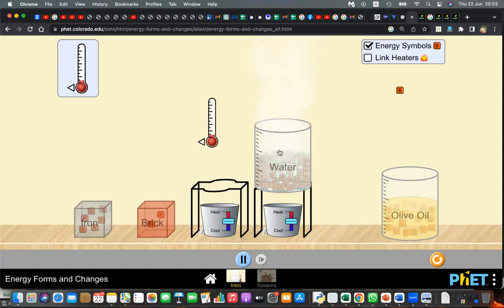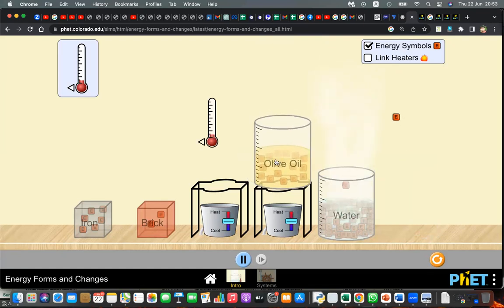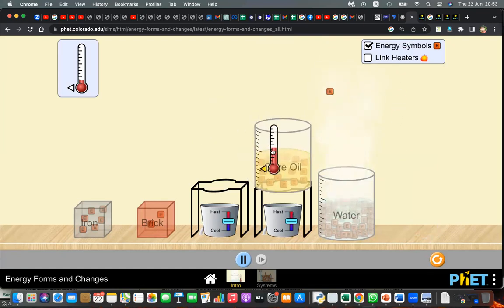So let's remove it here. For olive oil, let's keep it. Now it's half, but it's not releasing the energy. But you can see when I increase this at a certain temperature, it produces steam. Not yet.